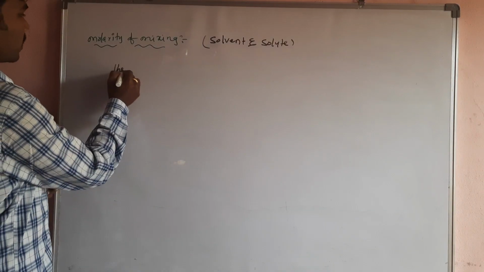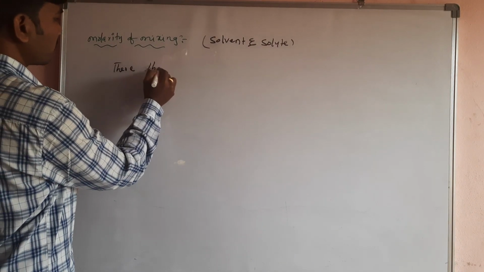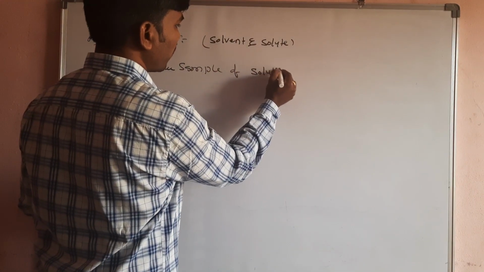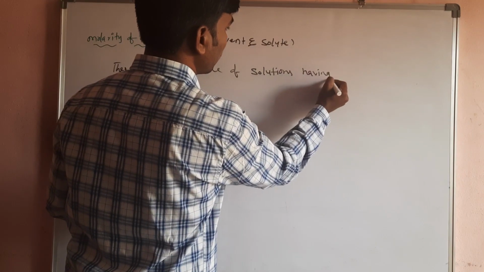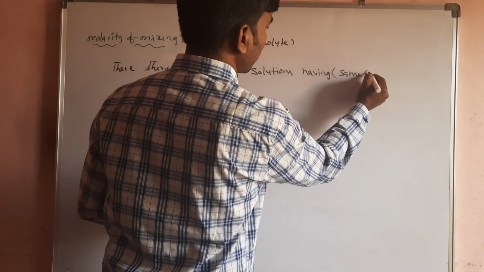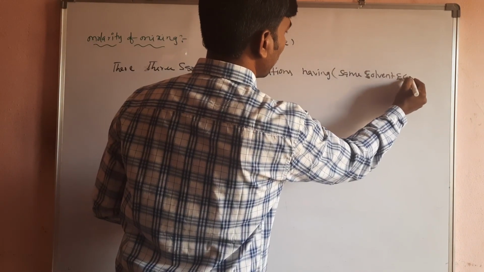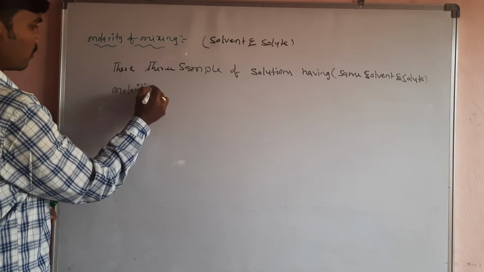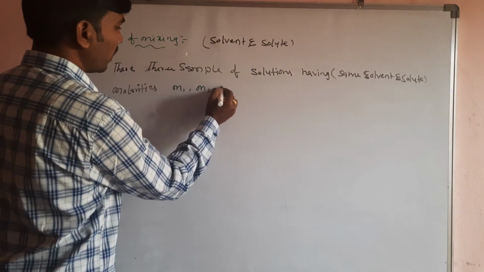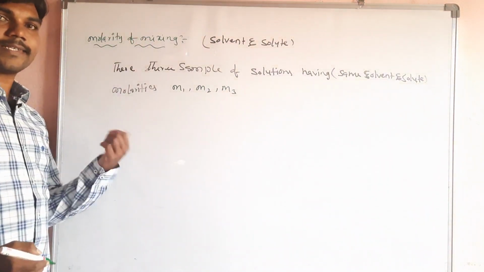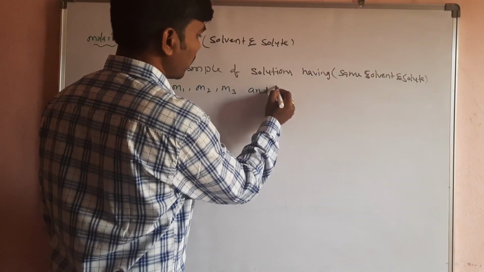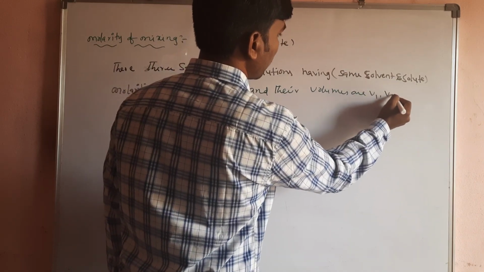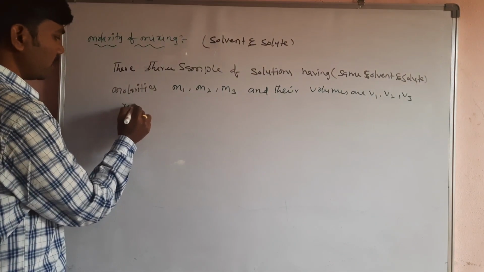Suppose there are three samples of solution having the same solvent and solute, with molarities M1, M2, M3 and their volumes V1, V2, V3 respectively.